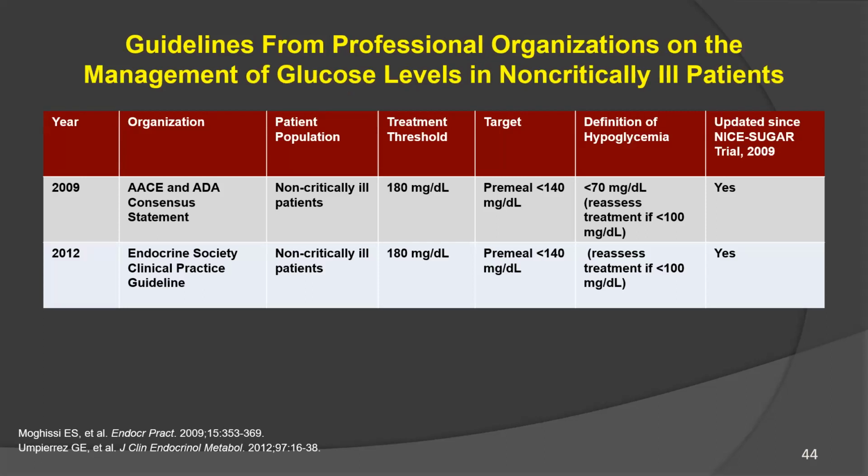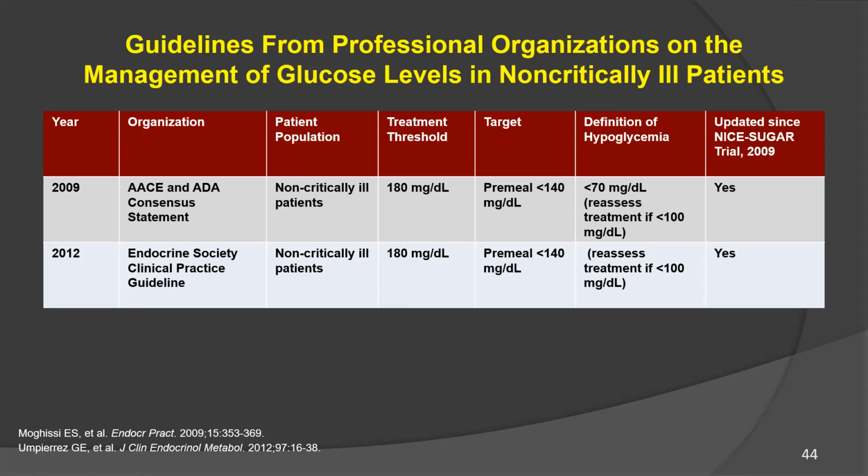Again, what do the guidelines from professional organizations have to say for non-critically ill patients? So again, we take recommendations mostly from the ACE and ADA organizations, and in them the treatment threshold is again 180, not different from the critical setup, and the pre-meal target here is 140, and they define hypoglycemia to be 70. So nothing really much different.